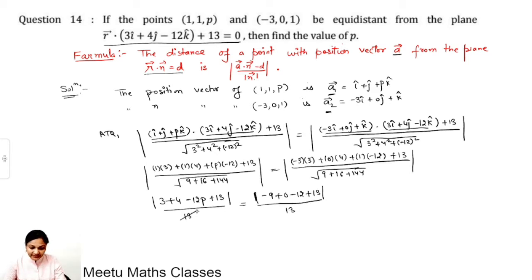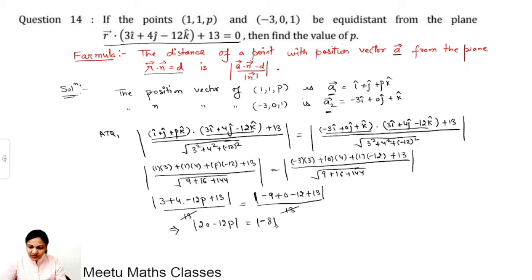Now this 13 can be cancelled out and you are left with 7 plus 13, which is 20, minus 12p, equals minus 9 minus 12 is minus 17, and minus 17 plus 13 is minus 8.